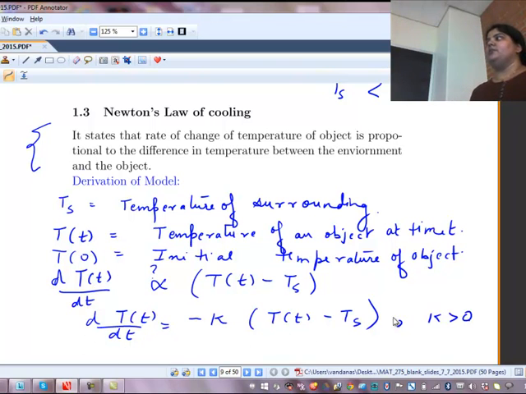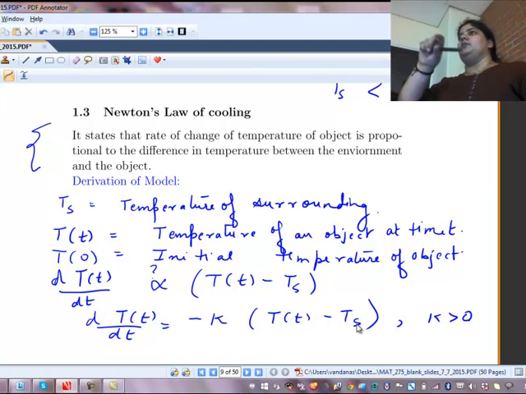Is it a separable differential equation? Ts is constant, it's fixed. We are assuming that, because the outside temperature is so big. Right now the outside temperature is, I guess, 43 or 42 degrees Celsius. It's too hard. Anyway, suppose you are sitting in an air conditioned room, and then you came out of that room.